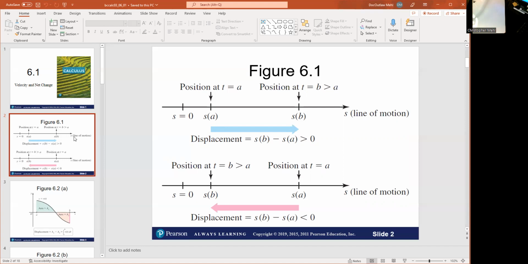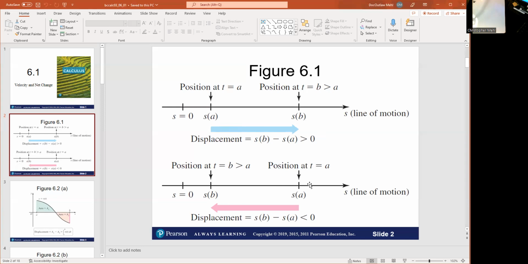Okay, that would be if, say, the frame of reference was such that to the right of the origin is positive displacement, then our displacement would be greater than 0.